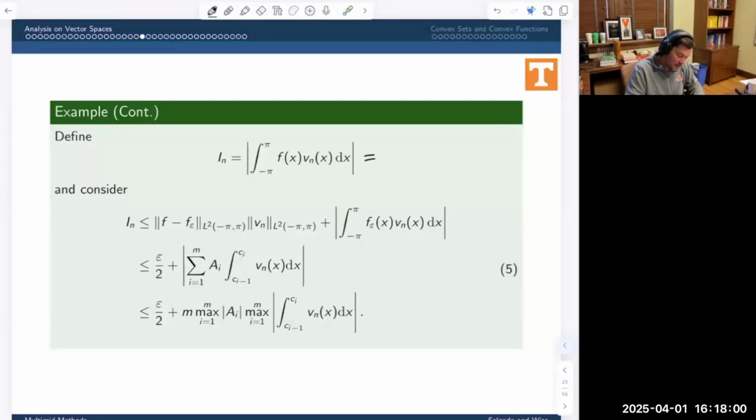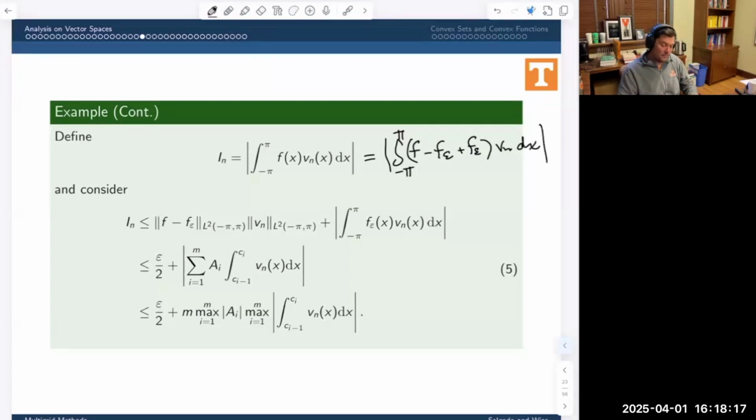The 2 steps are, I'm going to write that integral as the integral from minus pi to pi of f minus f epsilon plus f epsilon, right, Vn dx. I guess apply the triangle inequality first if you want, and then the next step is to apply Cauchy-Schwarz.